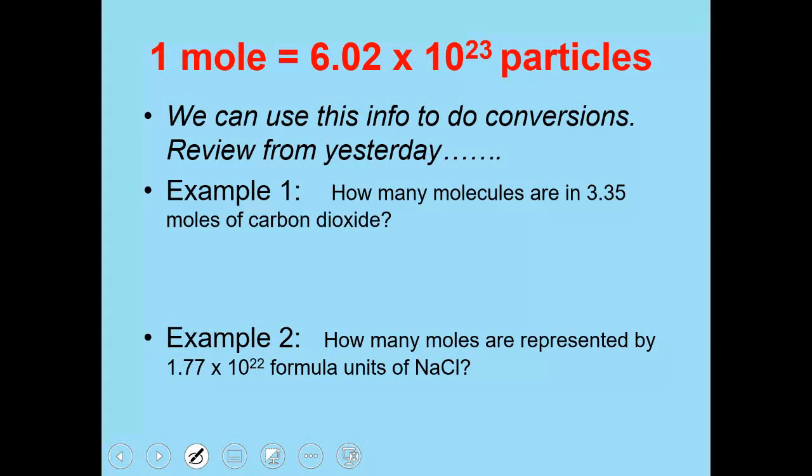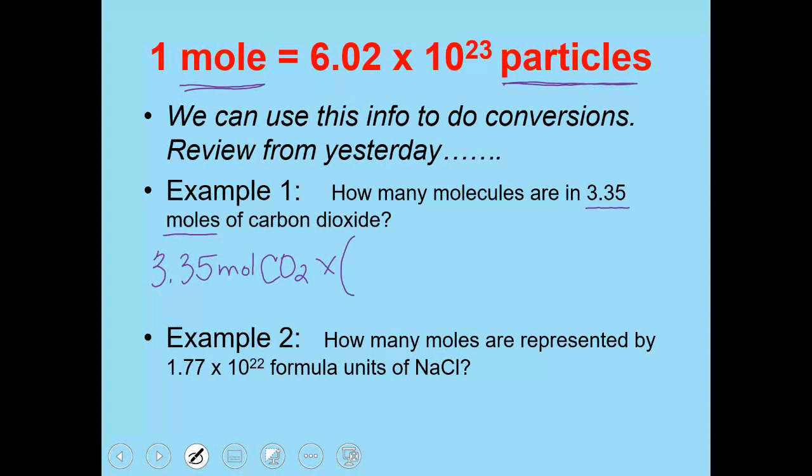We can look at our question and get our starting number, like 3.35 moles of carbon dioxide. The only allowable abbreviation for moles is MOL. Can't use M. We can convert between moles and molecules in one step using this equality.